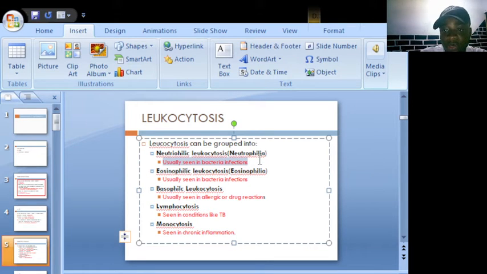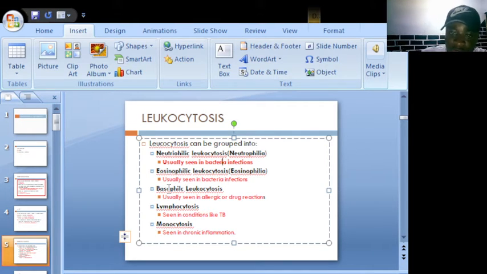Okay, in most cases bacterial infection. In most bacterial infections there is a high level of neutrophils.